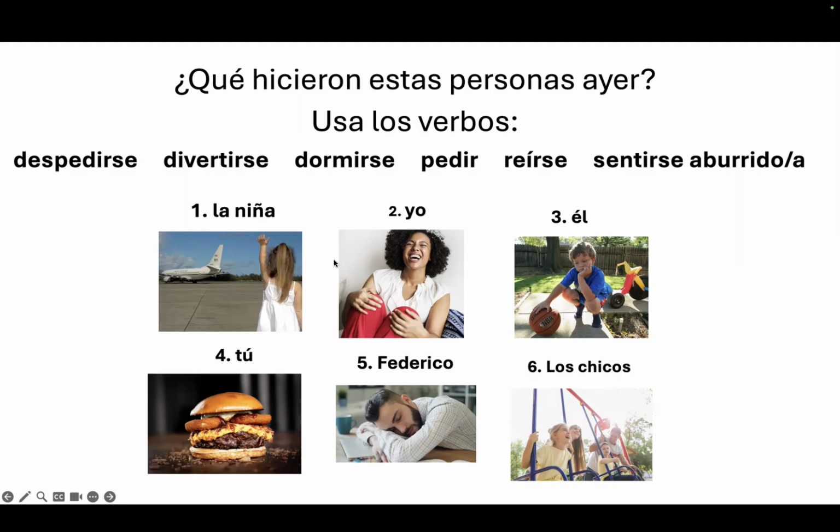So let's remember the stem only changes in third person, singular and plural, not in yo, tú, nosotros, vosotros. Okay, keep that in mind. So use the next few moments to figure out how to create sentences using the images and the subjects provided.